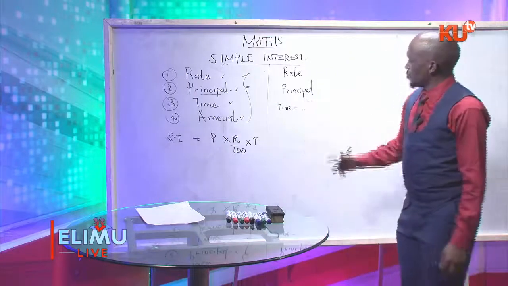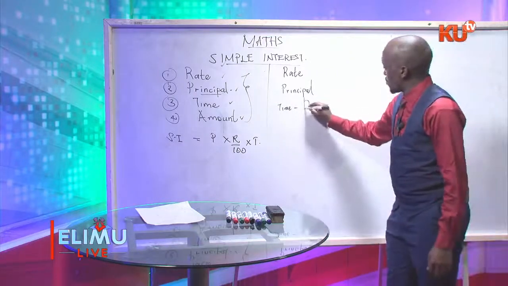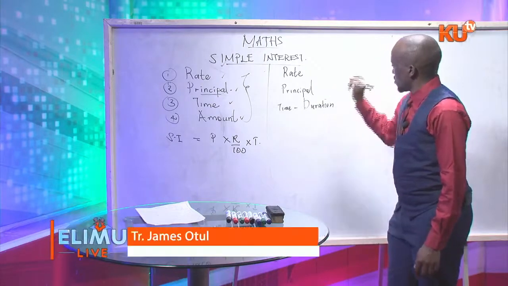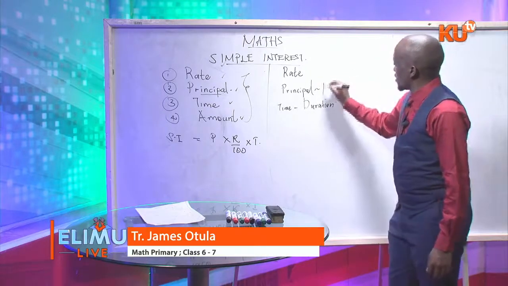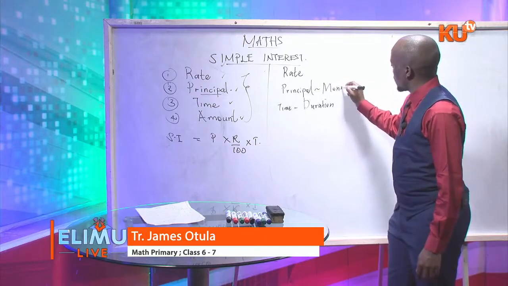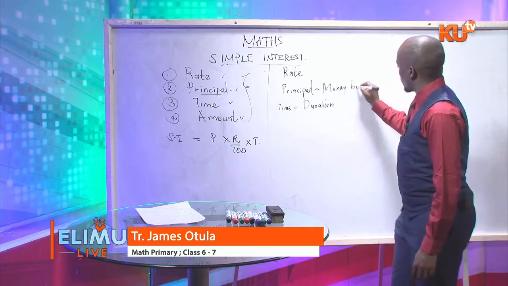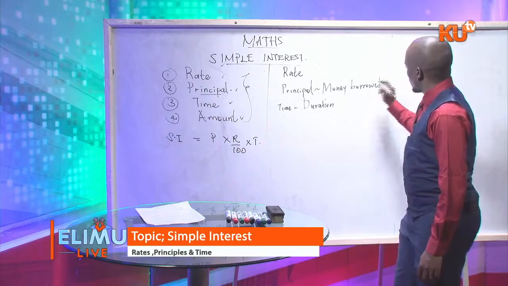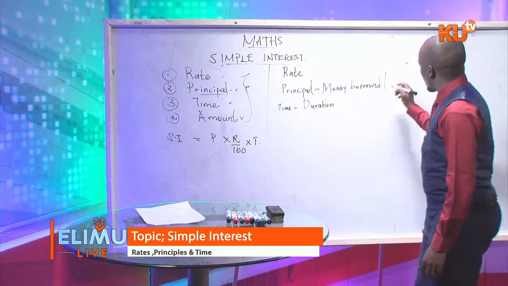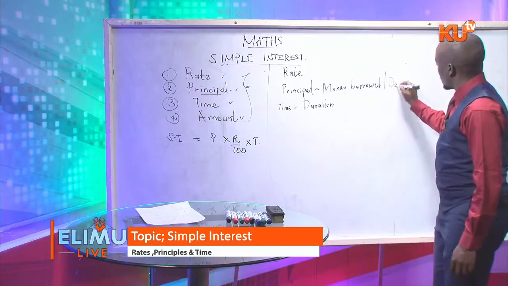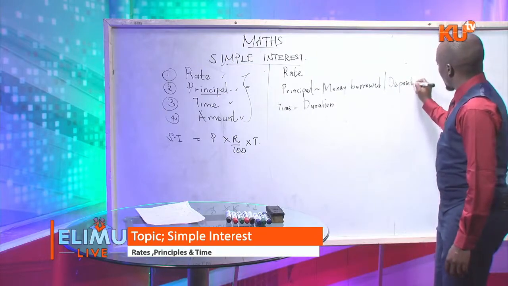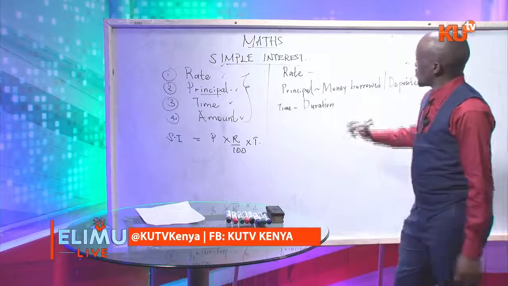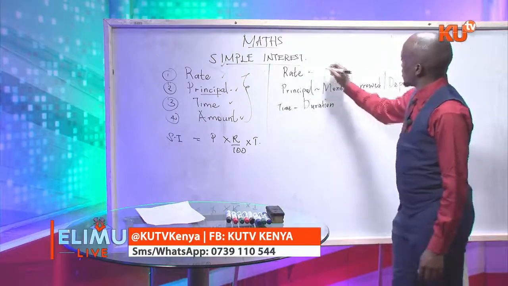And let me begin from the easiest one, because time, we know, is the duration. Principal is the same as money borrowed, or money deposited. Rate. This rate is always given. This is a percentage.